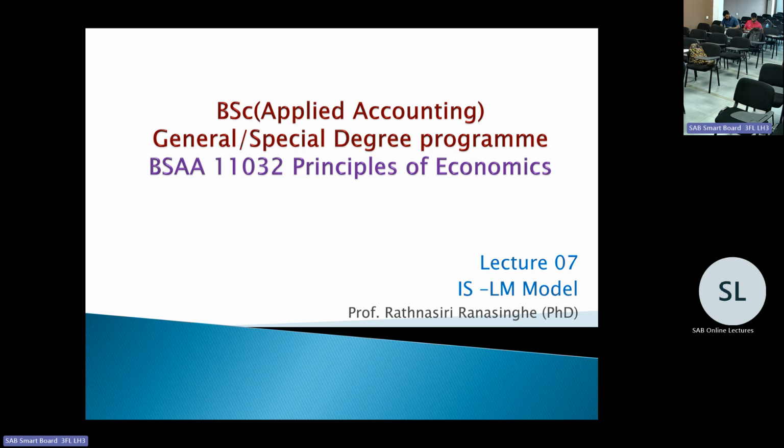So now we are moving to the new topic, the ISLM model. Previously, the things that we highlighted come from the Keynesian theory, which you may remember we mentioned at the beginning.